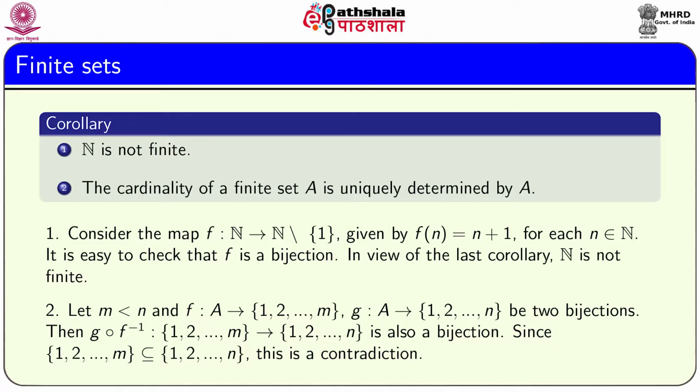Because we can get a bijection from N onto a proper subset of N as described here. Let us consider a map F from N to N minus 1 defined by F(n) equal to n plus 1 for every n belonging to N. Then it is a very easy exercise to check that F is a bijection. In view of the last corollary, N cannot be finite.